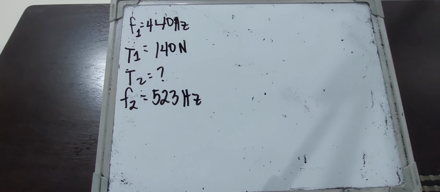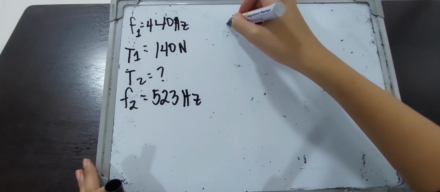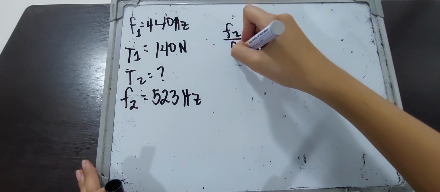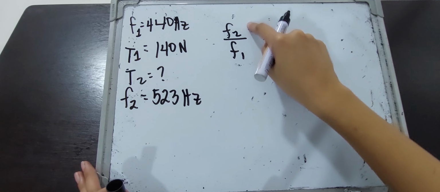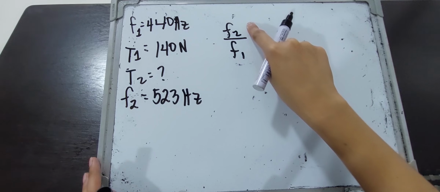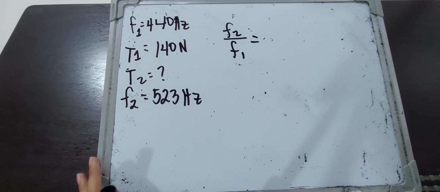According to the second factor, I hope you have a copy from the last recorded discussion about waves, the frequency is directly proportional to the square root of tension. The 2 is always on top.